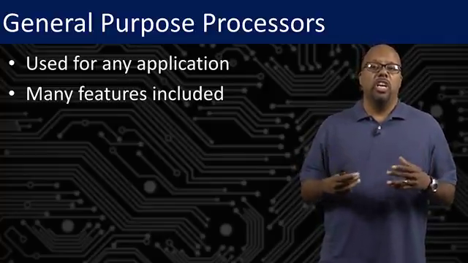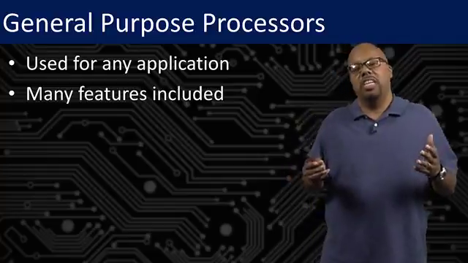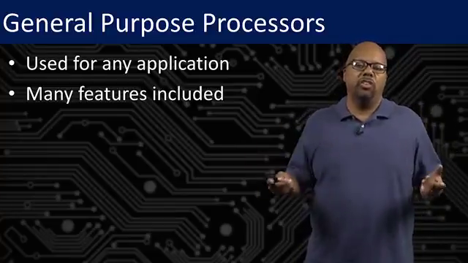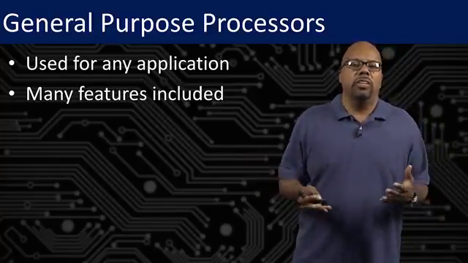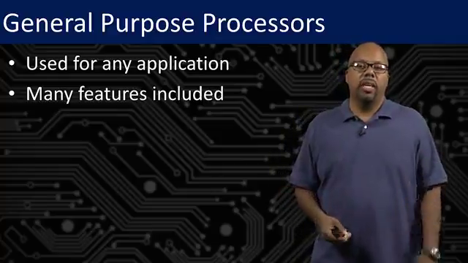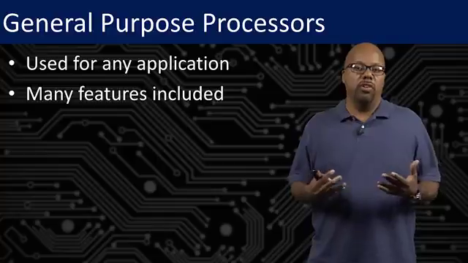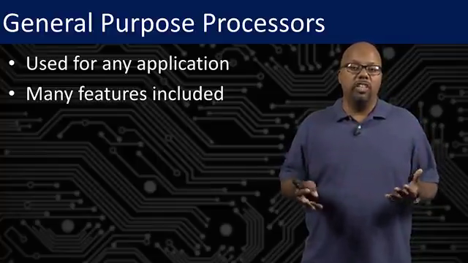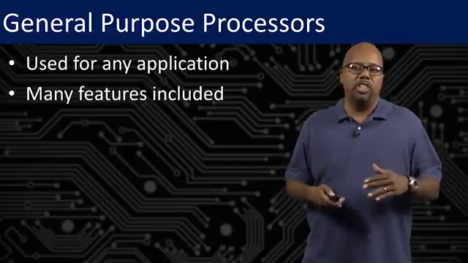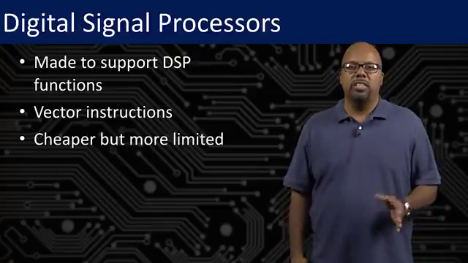They have many features that you probably don't even need, but they can handle anything. Any particular task, they can do adequately. But they tend to be more expensive because they're over-engineered, and they have many features that maybe you don't need, but they have them just in case. So that's a general purpose processor.